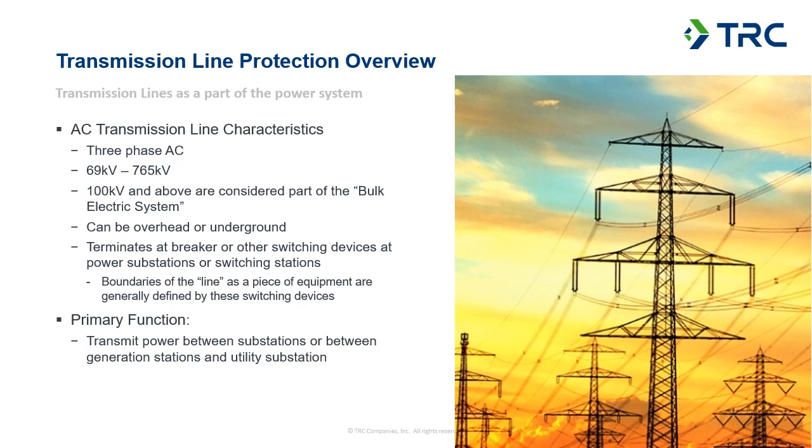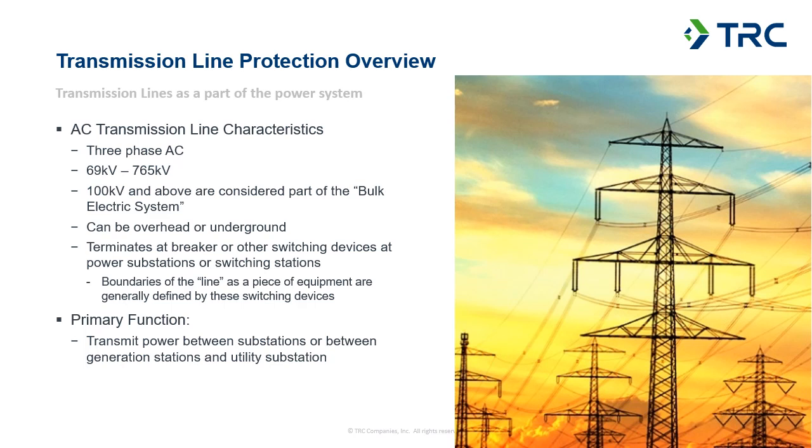Some utilities may use 69 kV in more of a sub-transmission capacity, but it really varies from utility to utility what they consider transmission versus sub-transmission. And really, when it comes to protecting those lines, there's not a lot of difference in how we go about protecting a transmission line versus a sub-transmission line, maybe other than the amount of protection and the redundancy applied. So a lot of the types of things we're going to be talking about would apply both to a transmission or a sub-transmission line.